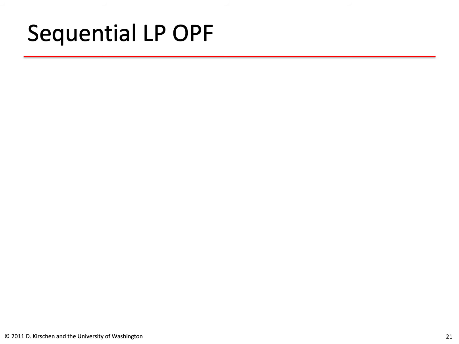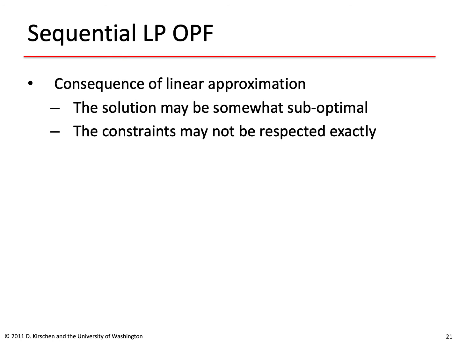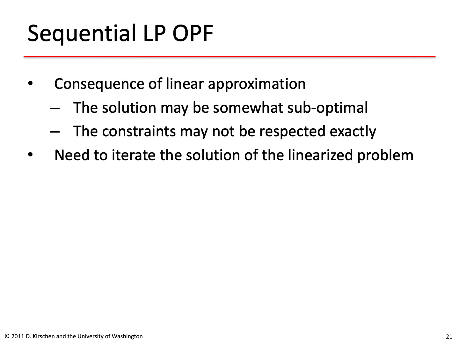But there are cases where this linear programming based OPF, or LP OPF, is not completely satisfactory. Because of this linear approximation, the solution that we get may be somewhat suboptimal, and some of the constraints may not be respected as exactly as we would wish. So sometimes we use what's called sequential linear programming based OPF, where we iterate the solution of the linearized problem.